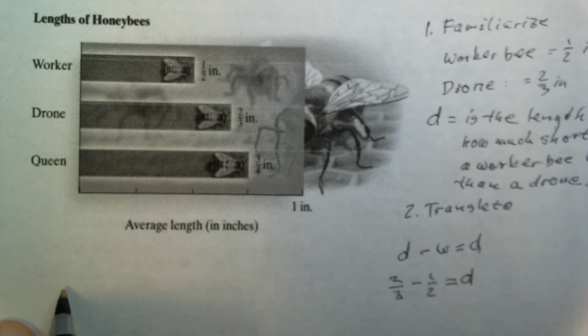So step 3 would be to solve the equation. So 2/3 minus 1/2 equals d.